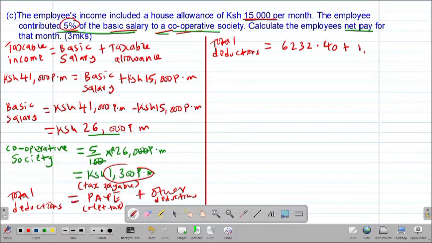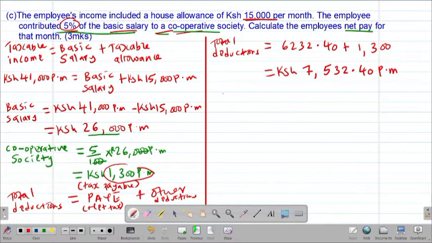So we have 1,300 shillings per month. You add those two, you'll get a total of Kenya shillings 6,232 and 40 cents plus 1,300. Your calculator will give you a total of 7,532 and 40 cents. Then of course this is per month.